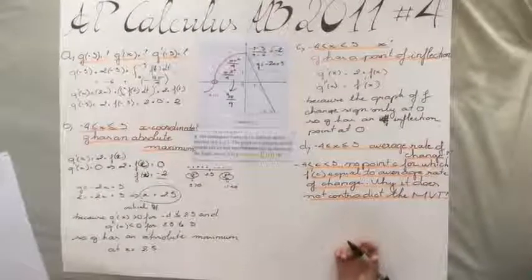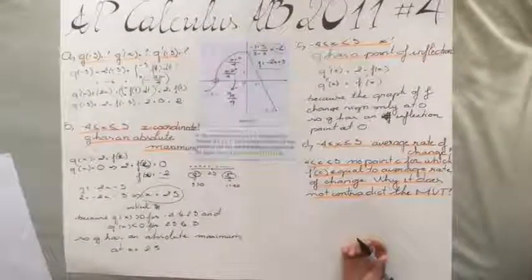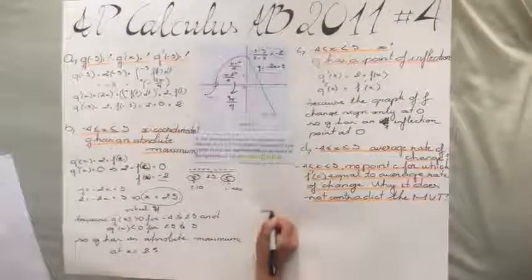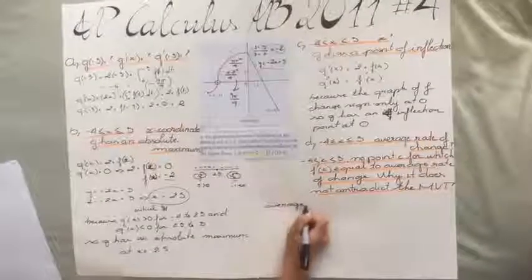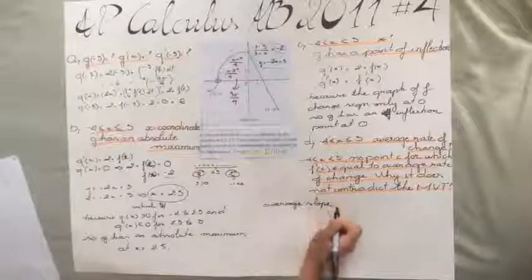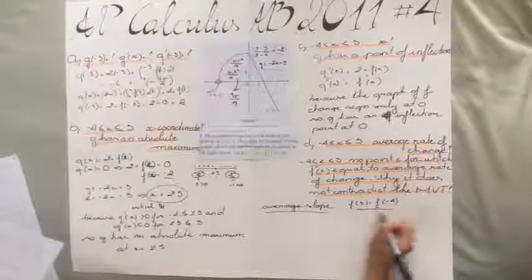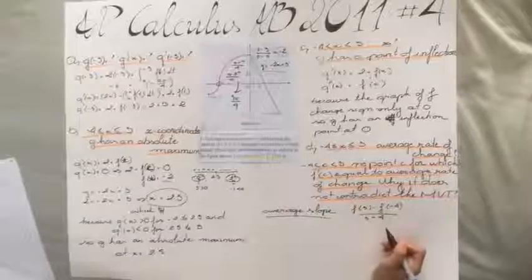When talking about the average rate of change, we are looking for the average slope, which is f of 3 minus f of -4 over 3 minus -4.